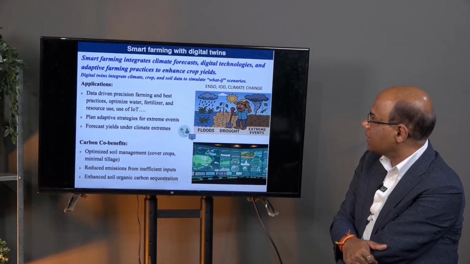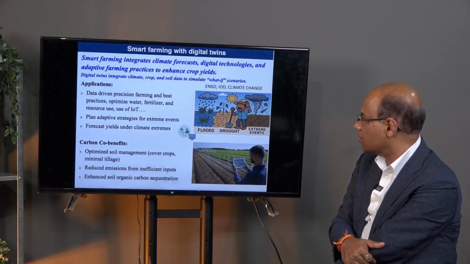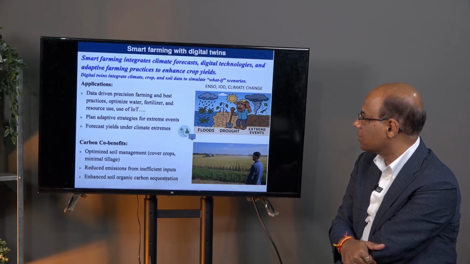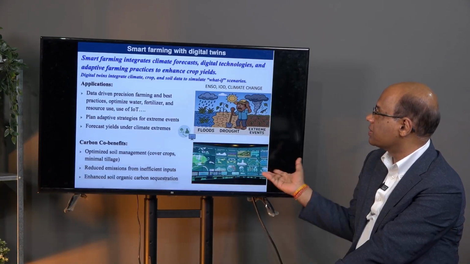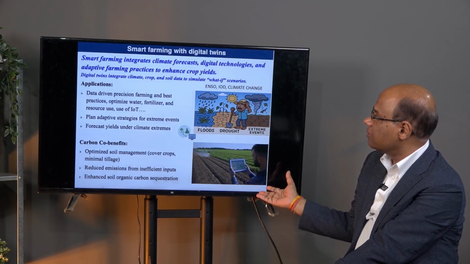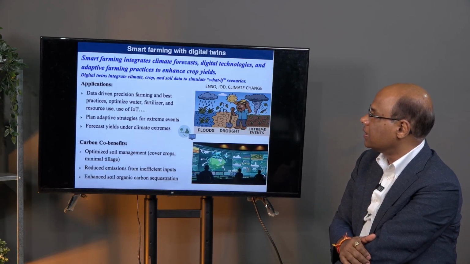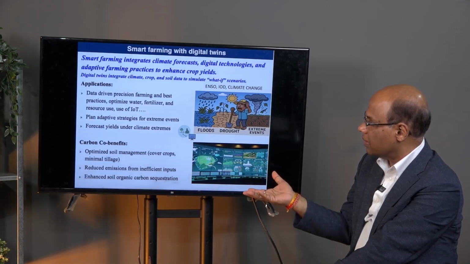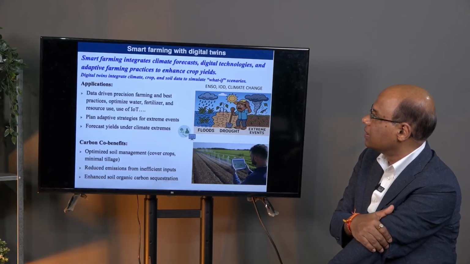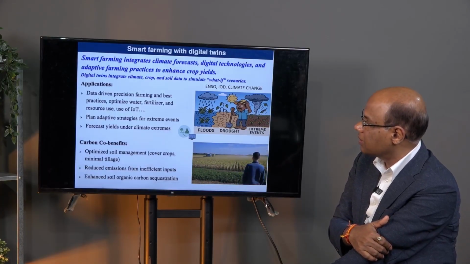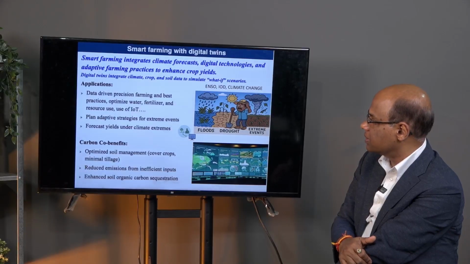So, take farmers, for example. They do not know whether it will be flood or drought, or extreme events, whether it is ENSO or IOD, and they do not understand how to react to different predictions. So, the digital twin will give them direct information: this is the situation happening now, and you should optimize your water use, fertilize, apply pesticide or harvest, depending on the state of the weather and climate in that region.